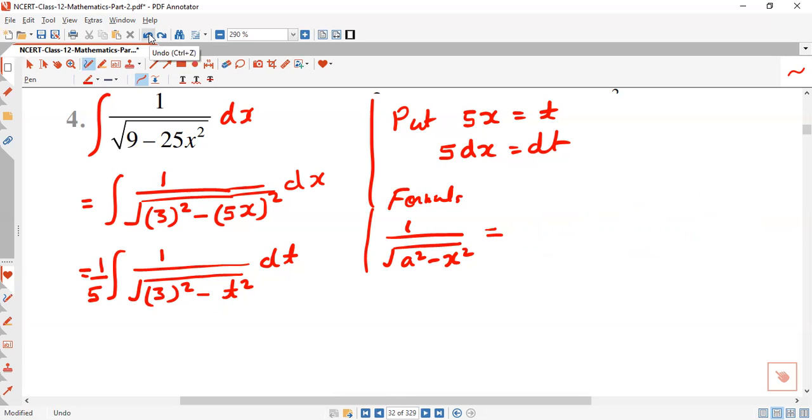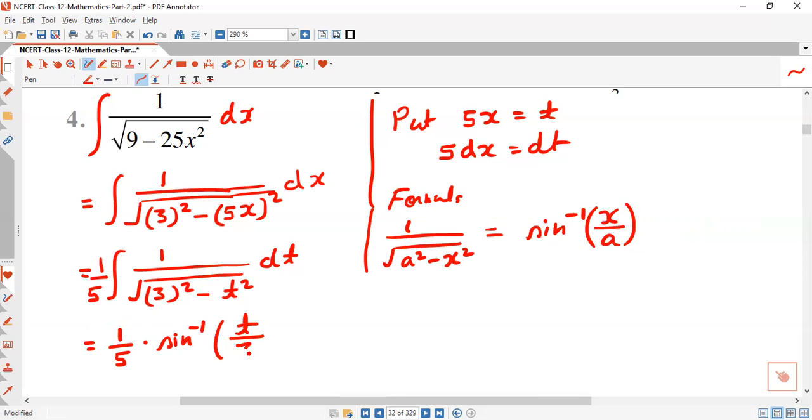The formula is sine inverse x upon a. This is the formula of sine inverse, basically. The sine inverse x upon a is the right formula. And now we put the value here. We apply the formula here. 1 upon 5, the constant taken outside, and doing the integration, this becomes sine inverse t upon a, where a is here 3, plus some constant c.